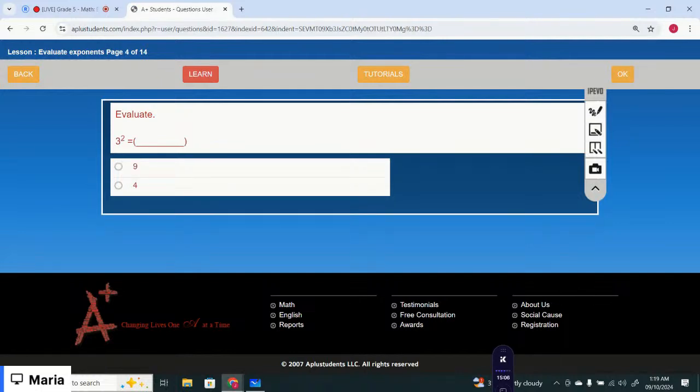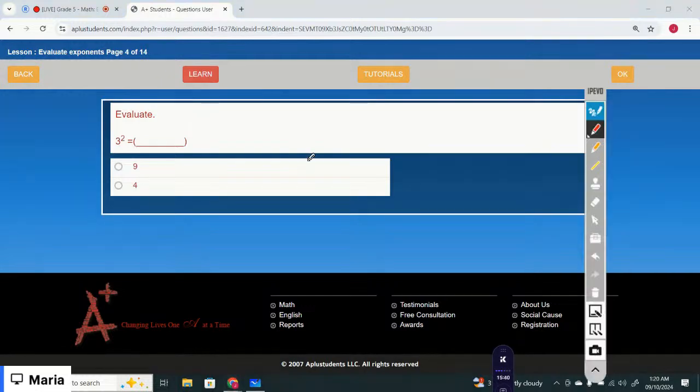The next one is 3 exponent 2. So which is the correct option? 3 exponent 2.